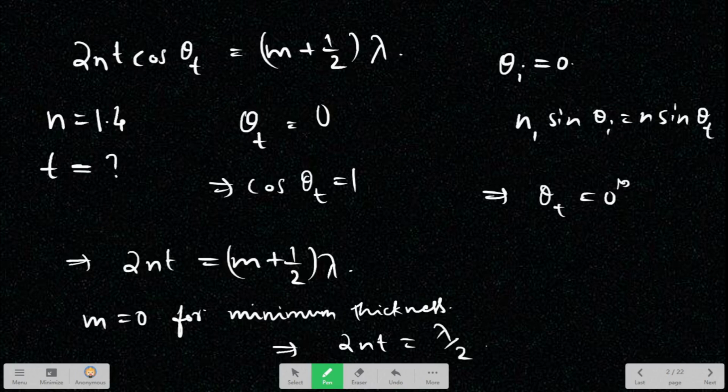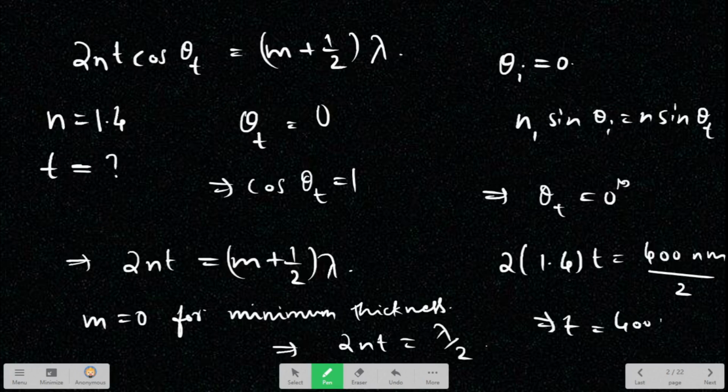Now you substitute the values. 2 into 1.4 t equal to lambda, which is 400 nm, by 2. This implies t equal to 400 nm by 4 into 1.4. This turns out to be approximately 70 nm.